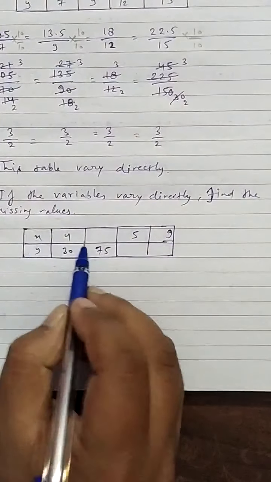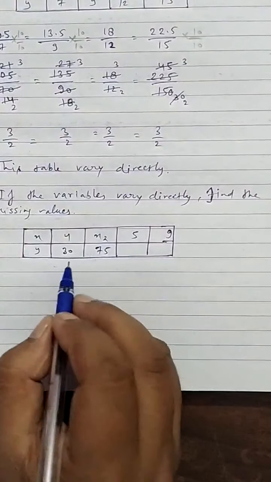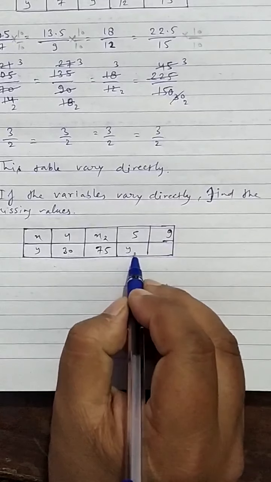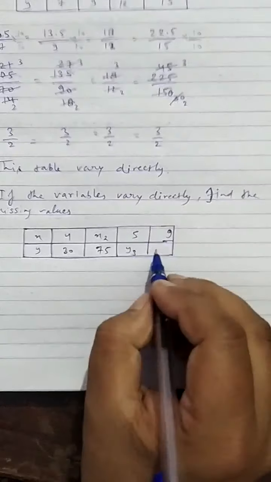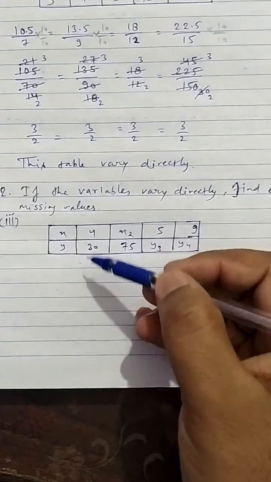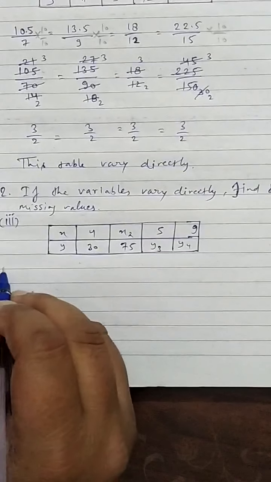So when the second value of X is missing, you can write X2. When the missing values of Y are there, you can write Y3 and Y4. Okay, so this first combination is given, so we will solve it case wise.